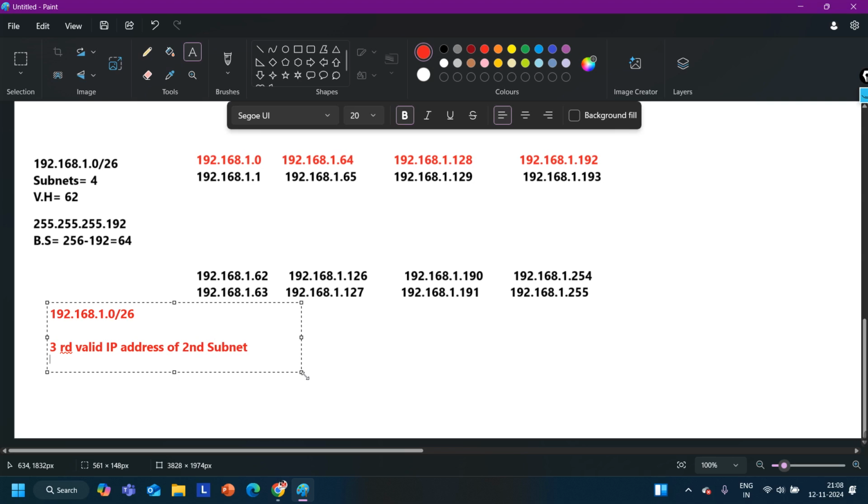Tell me the answer. 192.168.1.67. First valid IP is 65, second valid IP is 66, then 67. If they ask for the third IP address without the word valid, it is 66. If I say valid, that means 67.